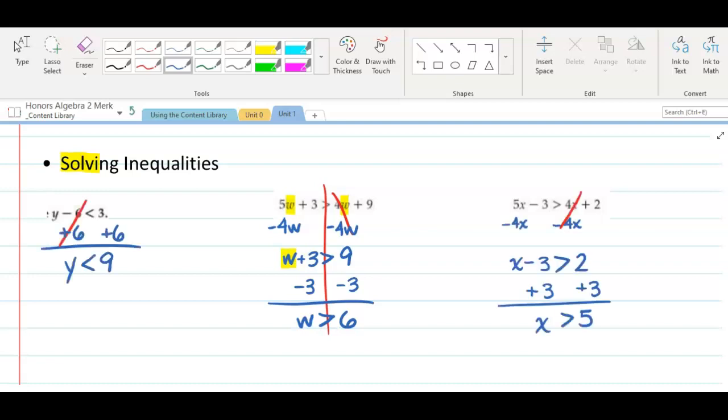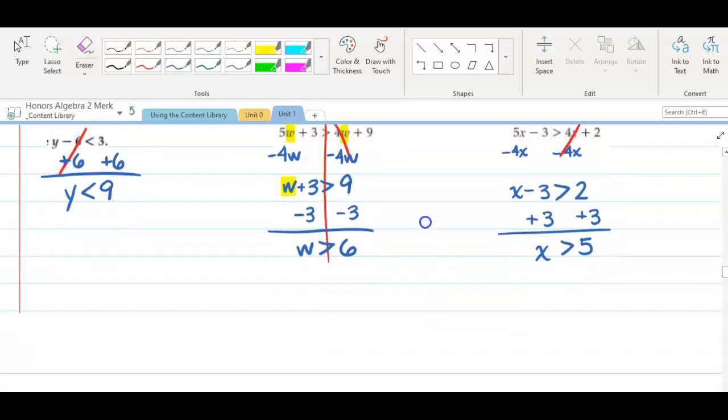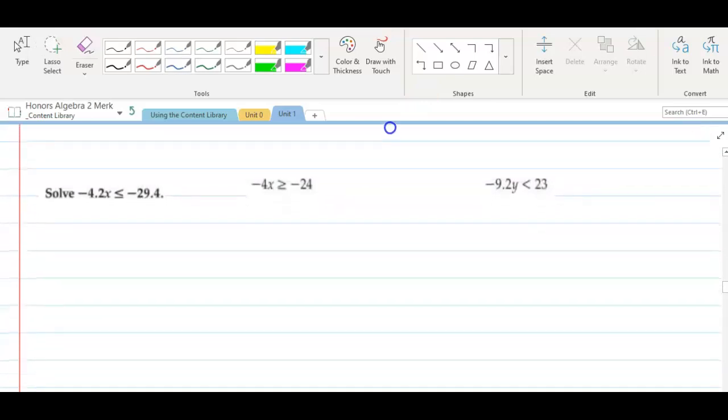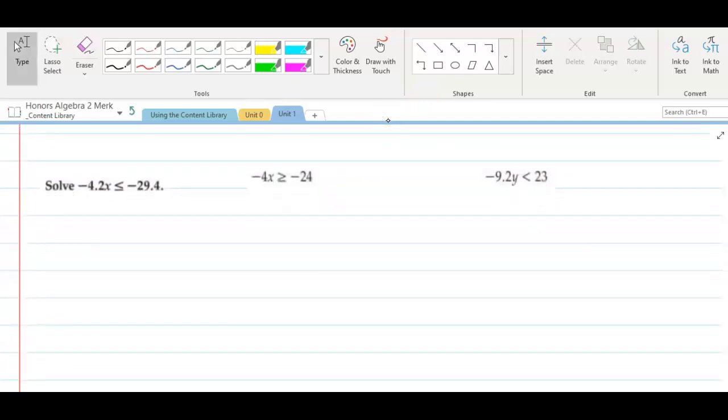Okay, you should have gotten y is less than 9 for the first one on the left, and over here on the right, you should have ended up with x is greater than 5 when you solve. Notice our inequality symbols haven't flipped because we have not multiplied or divided by a negative at this point. Let's try this next one. I'm going to divide by negative 4.2 on both sides.